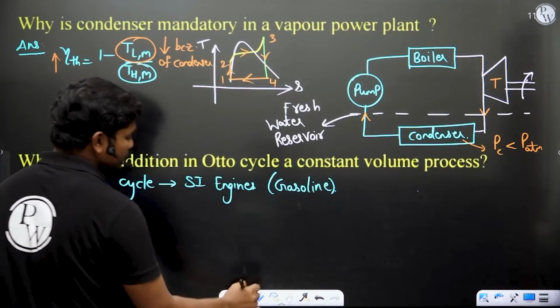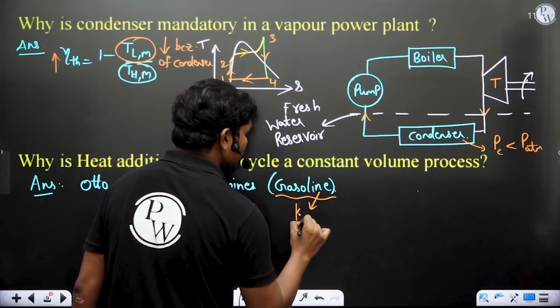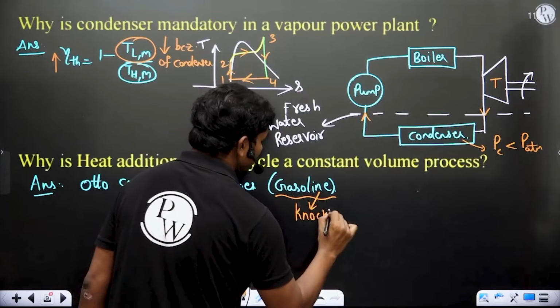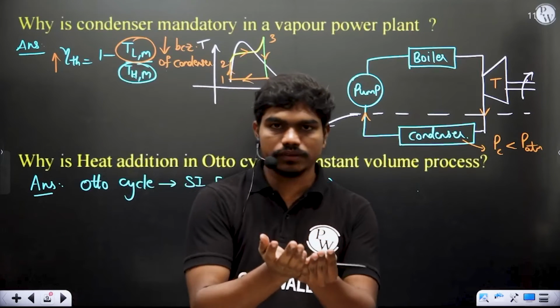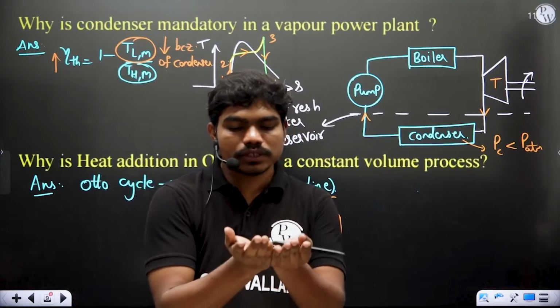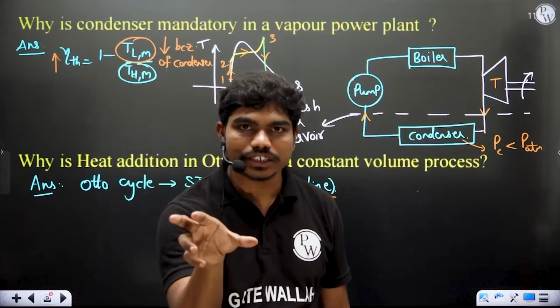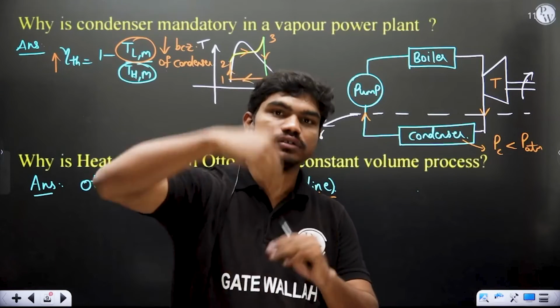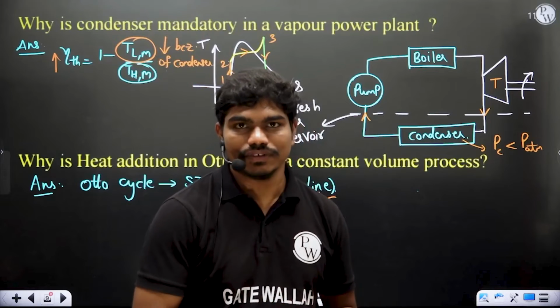Now the problem with gasoline is knocking. You cannot compress it too much because of knocking. Knocking is, whenever you compress the fuel air mixture practically, small pockets of fuel get accumulated at one location, and they start igniting before the piston reaches the top dead center, which is not good for combustion efficiency.